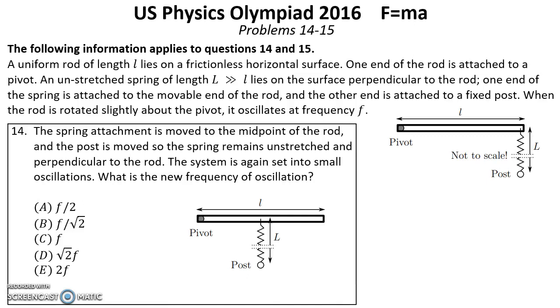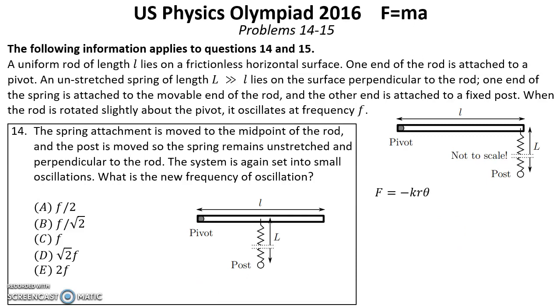Suppose that the moment of inertia of this rod around the pivot is I, and we made a displacement of the right end by a small angle theta. In that case, the displacement of this spring will be r theta, and the force from the spring will be negative k r theta.